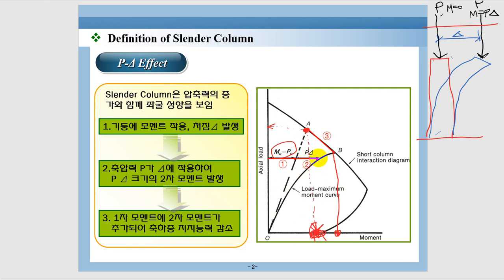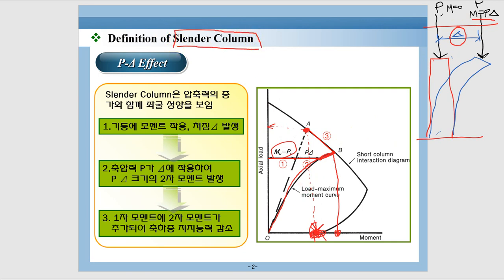So here your moment increases further after the P delta effect because of nonlinear effect. This curve is the curve you have to watch when you design columns with the secondary deflections and secondary moment. These will usually occur with slender columns, as you might understand right now.